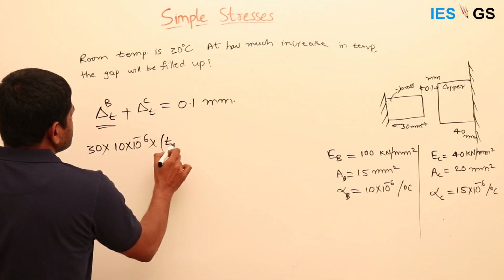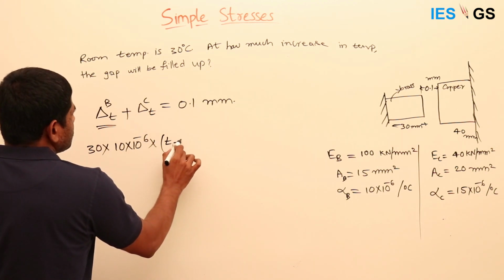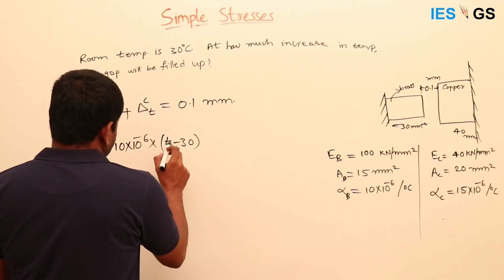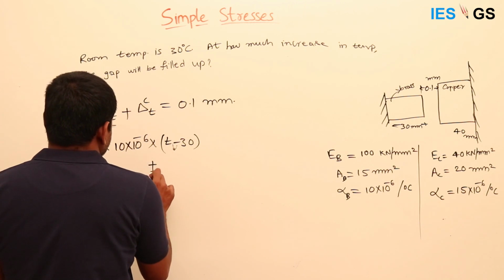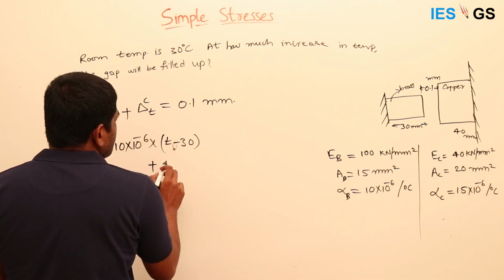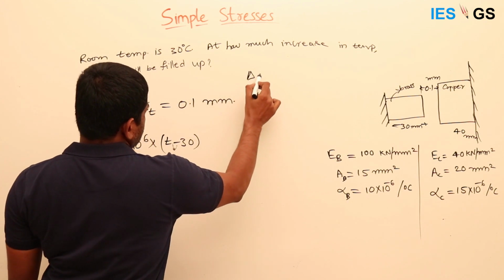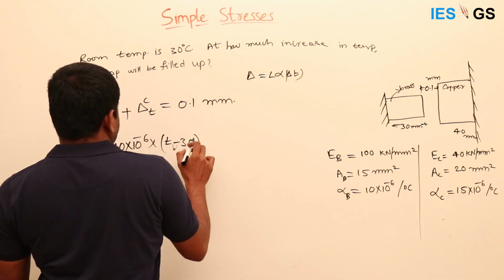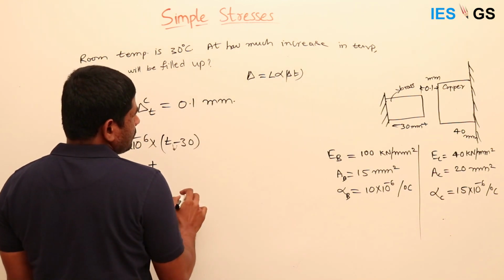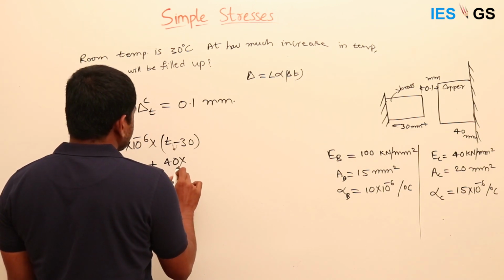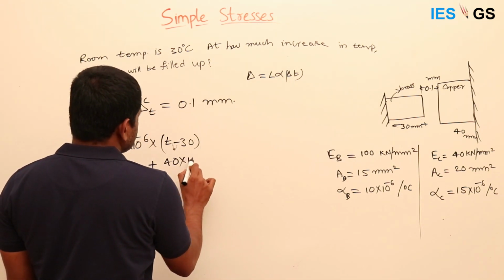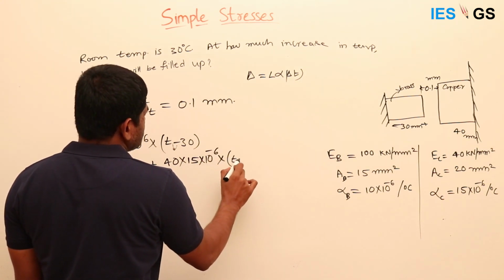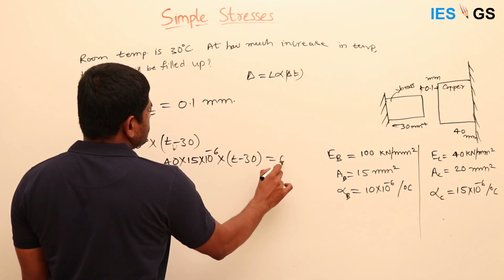Let's say the final temperature is T, so the increase is T minus 30. This is what we need to find out. Here delta equals L alpha delta T. And what is the length of the copper? That is 40 into alpha of the copper, 15 into 10 power minus 6, into the temperature difference T minus 30, equal to 0.1.